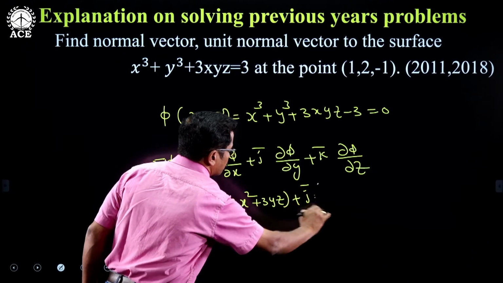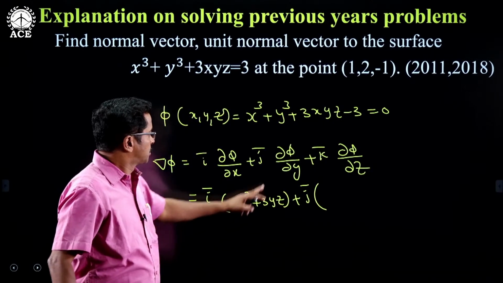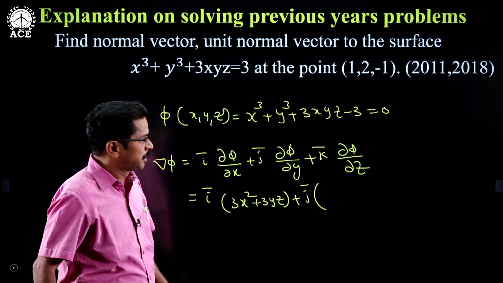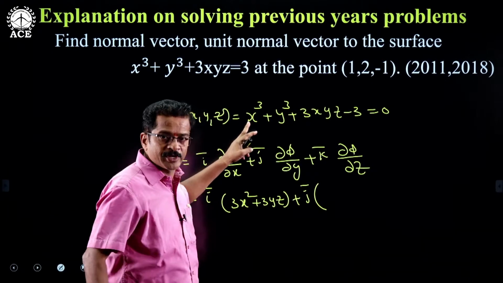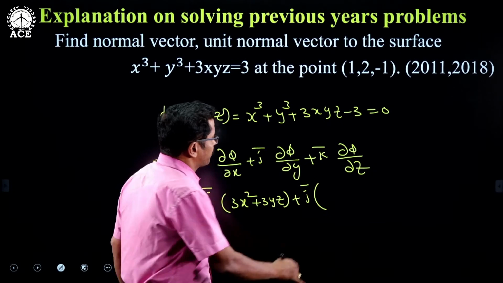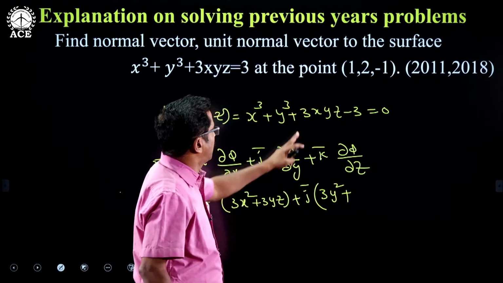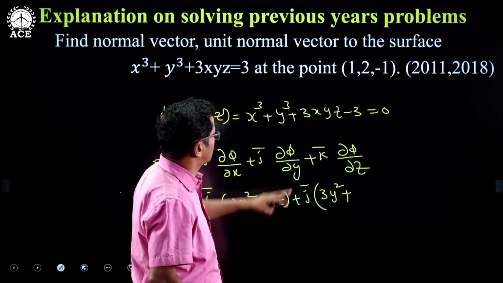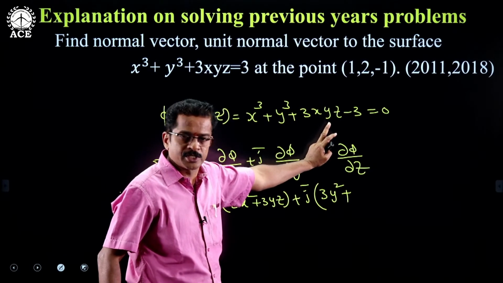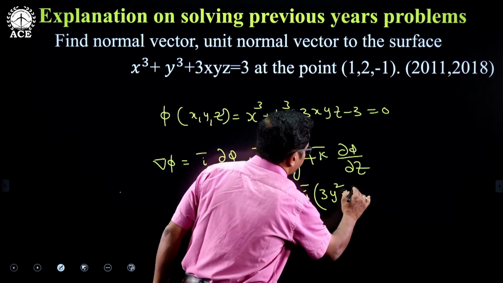Plus j bar into dou phi by dou y. With respect to y, x cube differentiation is 0, y cube differentiation becomes 3y square, plus 3xz, since the y term differentiation is 1.